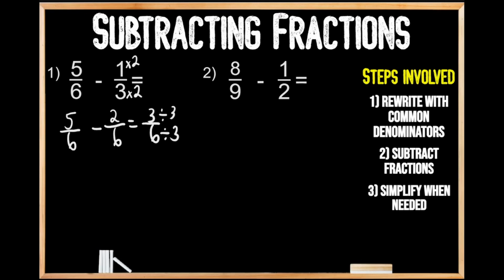When we divide 6 by 3 for our denominator, we get 2, and for the numerator, when we divide 3 by 3, we get 1 for 1/2. So when we take away the fraction of 1/3 from the fraction of 5/6, we get the answer of 1/2 when written in its lowest possible terms.